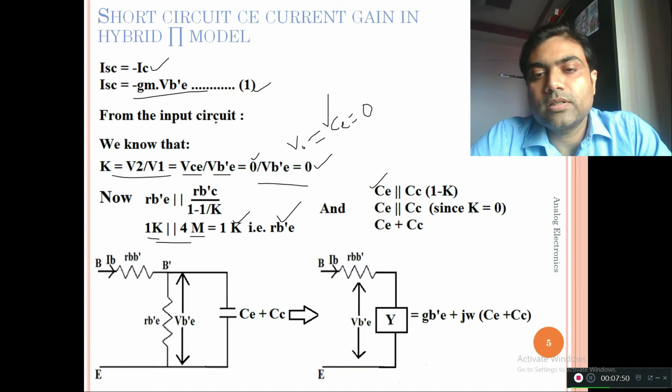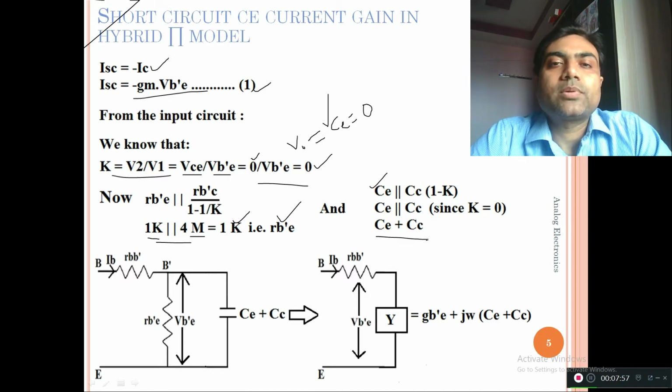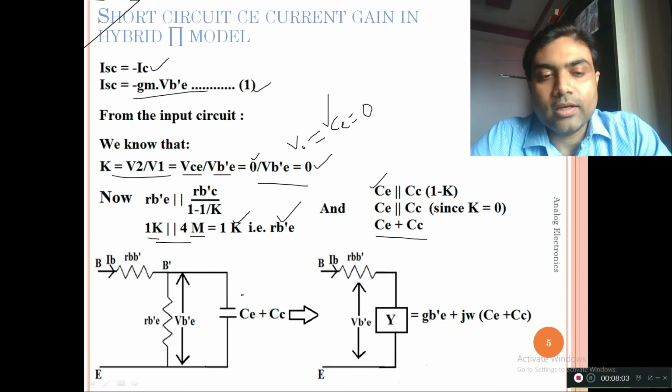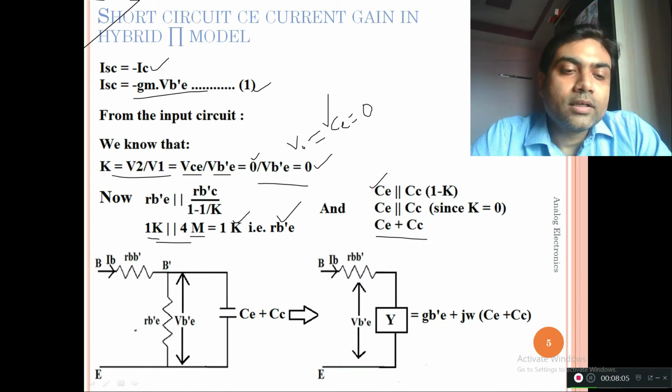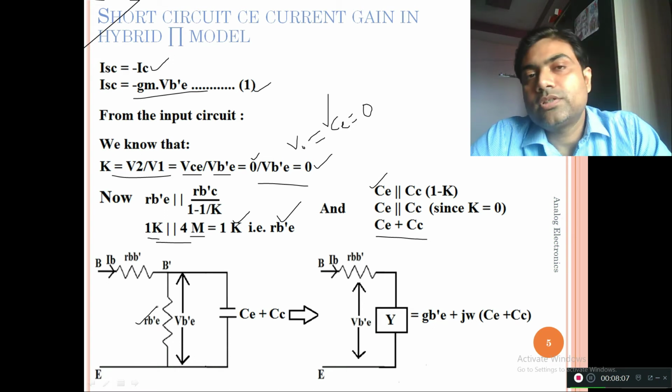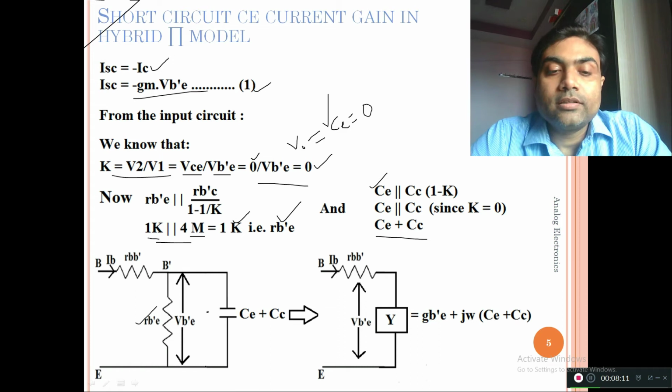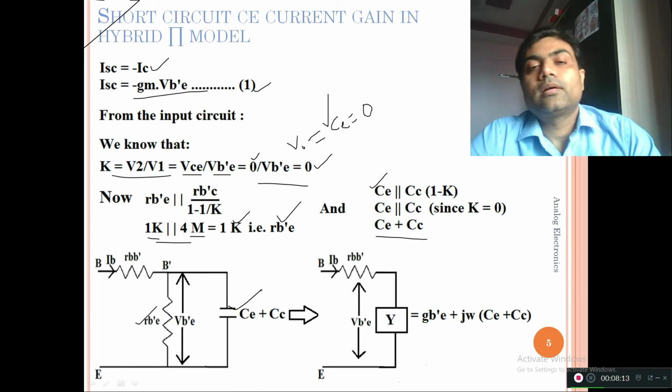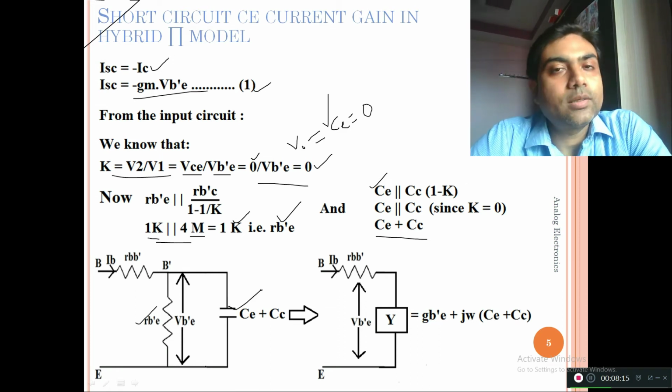So CE plus CC will be the equivalent capacitive value. If we draw the equivalent circuit of the input side, this is the only resistance present at the input side, and this is the total capacitance value present at the input side.